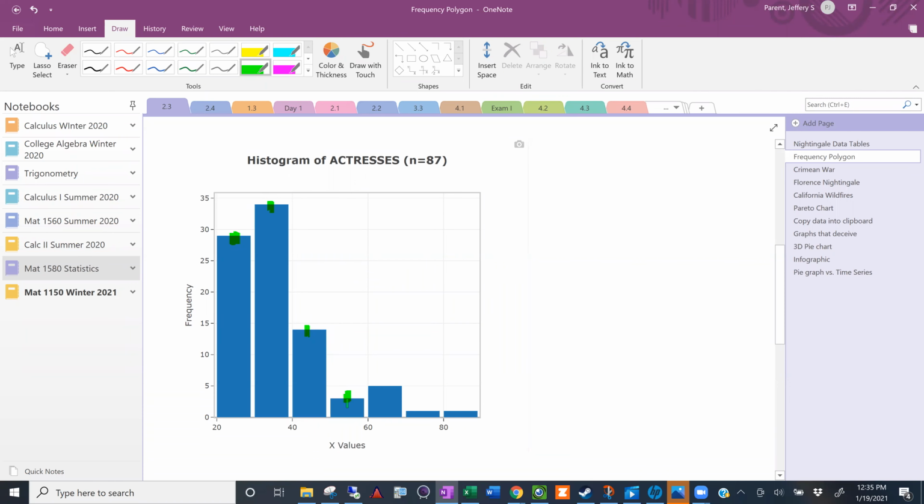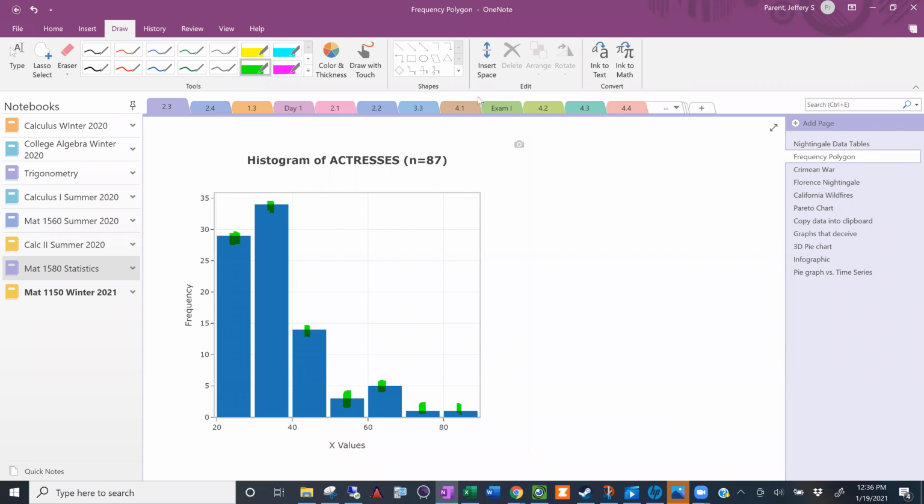You're replacing the bars with points on a graph, and you get a frequency polygon as opposed to a frequency histogram. It's the same kind of thing, still displaying the same information. It's just doing so in a different way.